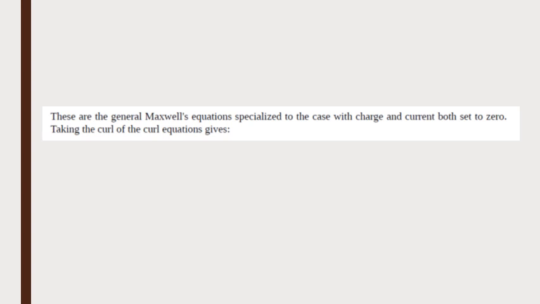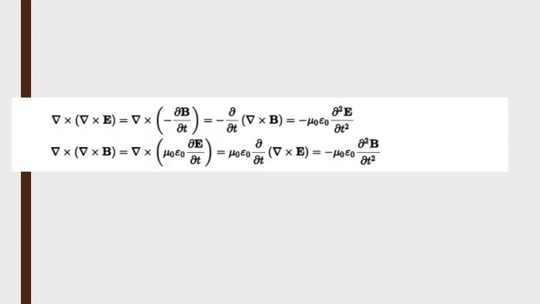One is with del cross B, second is with del cross E. Now take curl of E and use mathematical identities to resolve this. Can we do this? Yes, we can. Here we have just taken curl of E and curl of B.